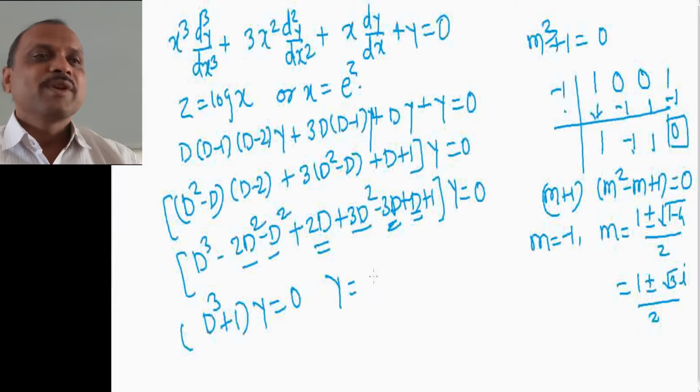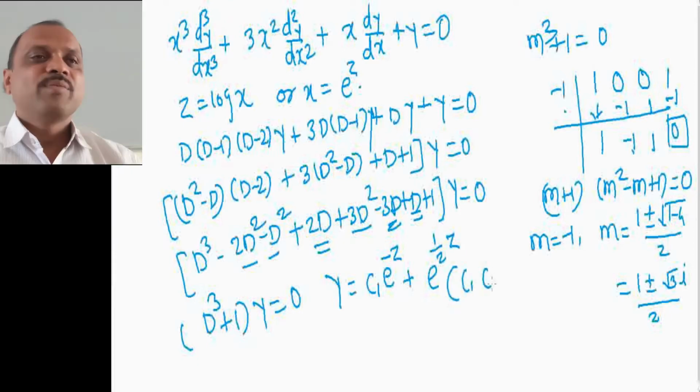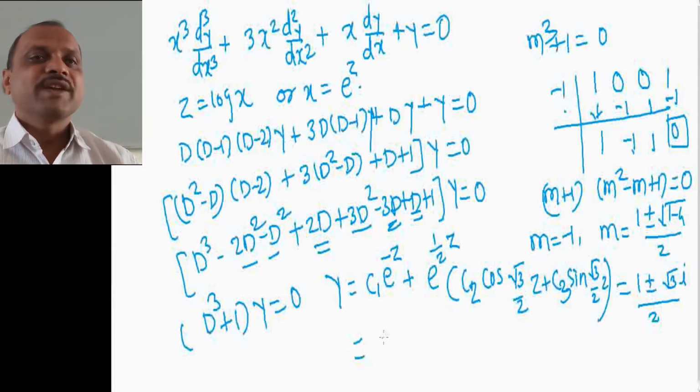Therefore, the complementary function is y equal to c1 e raised to minus z plus e raised to 1 by 2 z, the real part, into (c2 cos of under root of 3 divided by 2 into z plus c3 sin of under root of 3 divided by 2 into z).